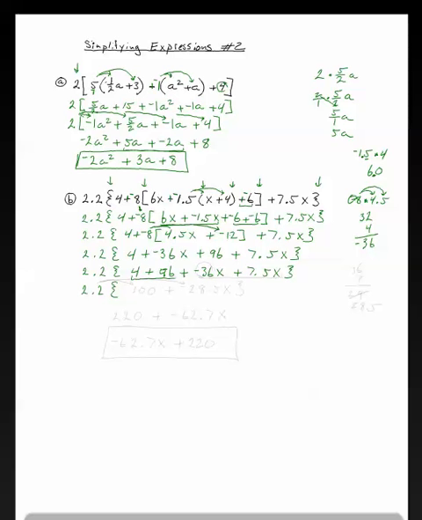Now 4 plus 96, that's 100, plus. Now once again here, when we look at the variable term, we've got negative 36x plus 7.5x. So we've got a negative plus a positive. So different signs, we subtract and keep the sign of the larger magnitude.